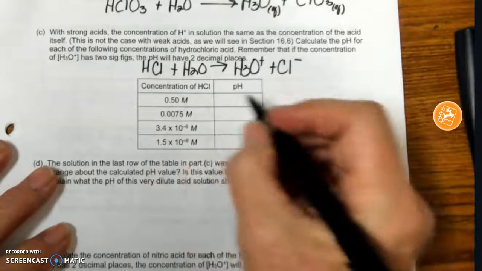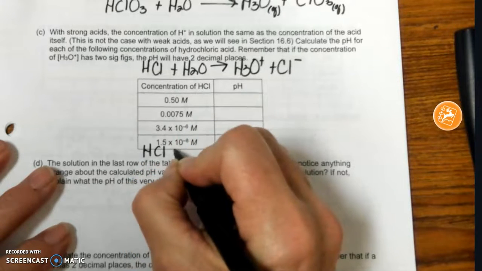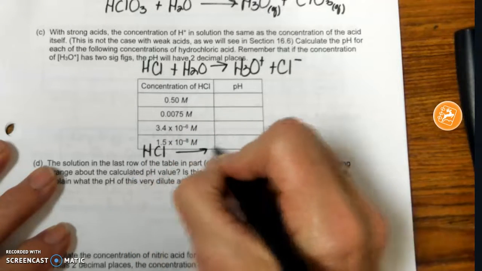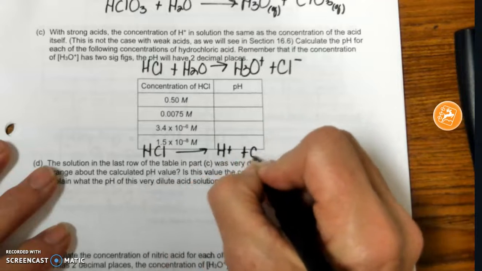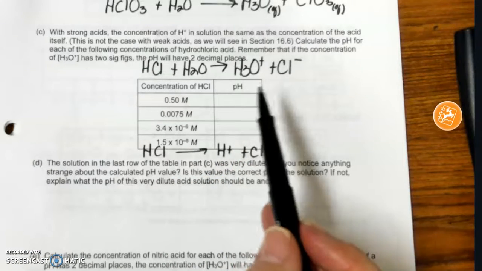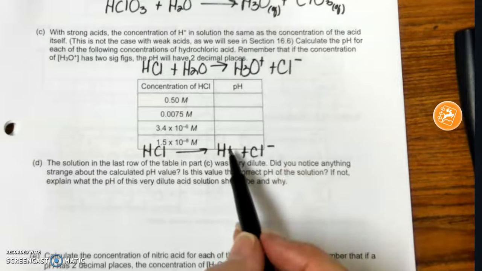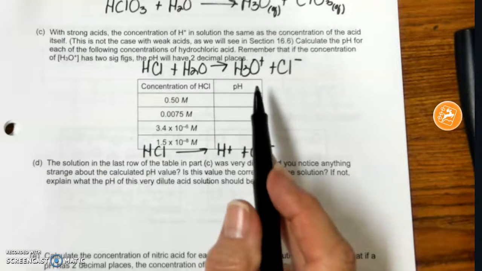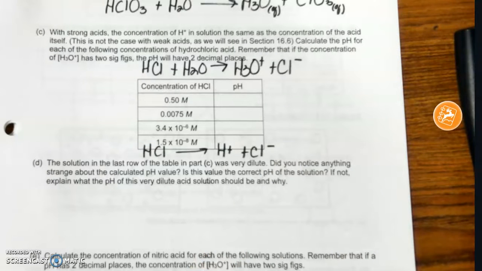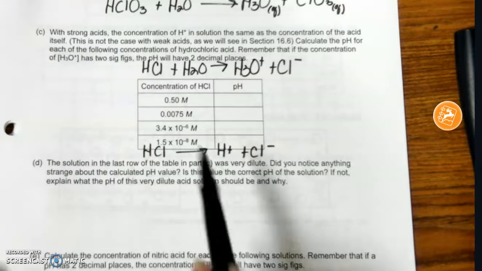Or I could write it as HCl and not put the water in, goes to H plus Cl minus. So if that makes you more comfortable, the concentration of this will give us the pH or the concentration of this. Either one, I can write them interchangeably.